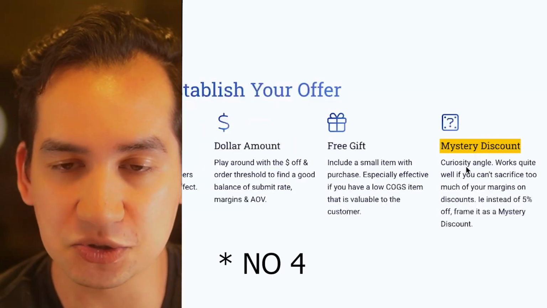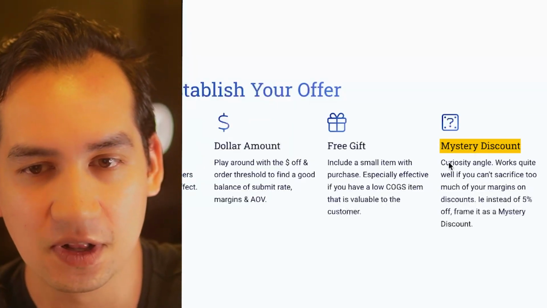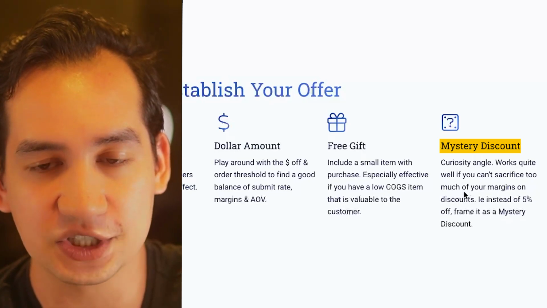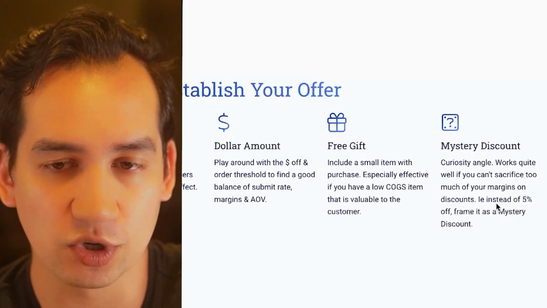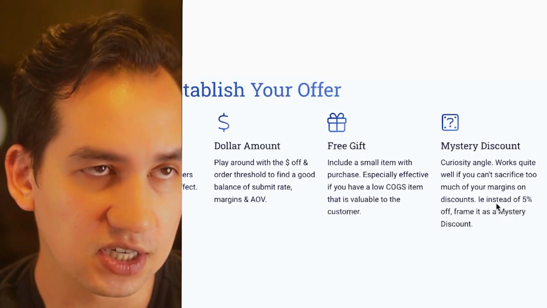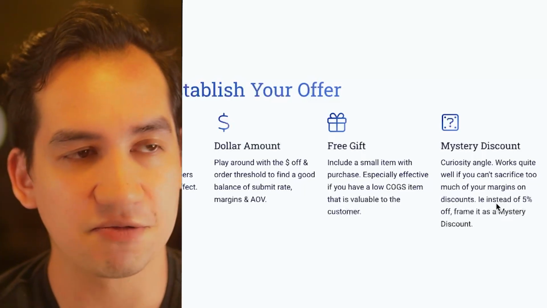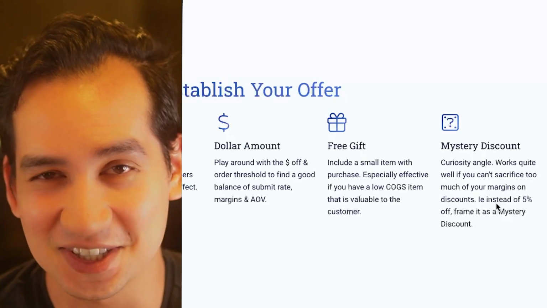Number three is going to be a mystery discount. So this one's basically leveraging the curiosity angle, and it works quite well if you can't sacrifice too much of your margins on discounts. So for example, for us, it's worked really well where we have clients who will be selling a product where the margins are thin and they can only offer things like $5 off, which might not be too attractive on a higher ticket item.